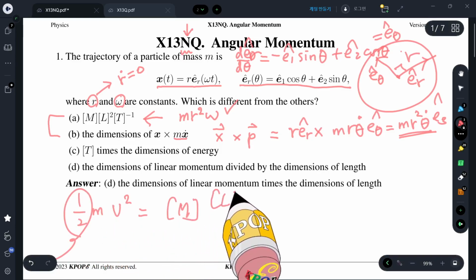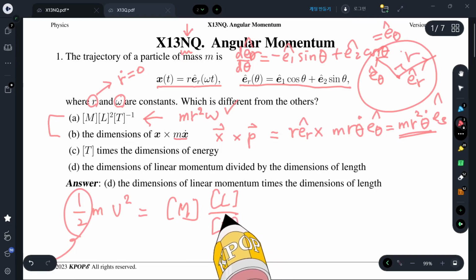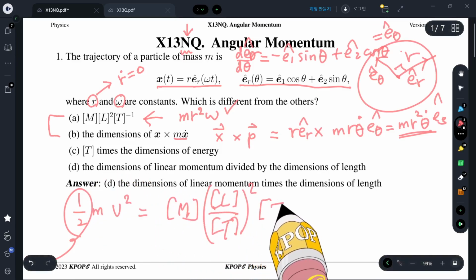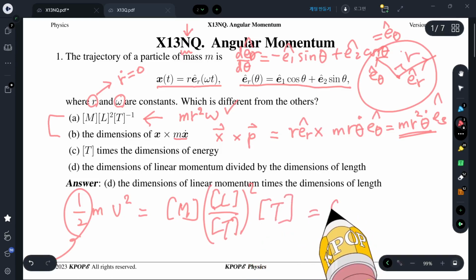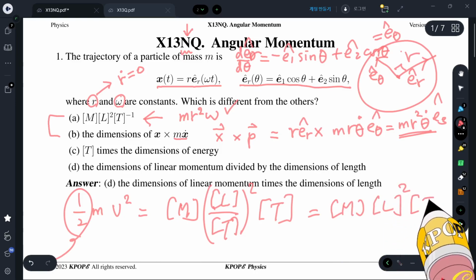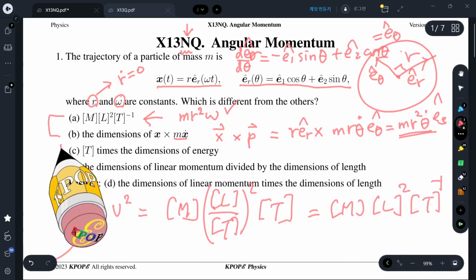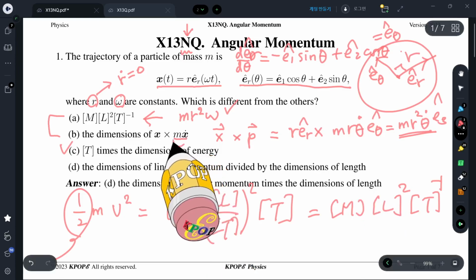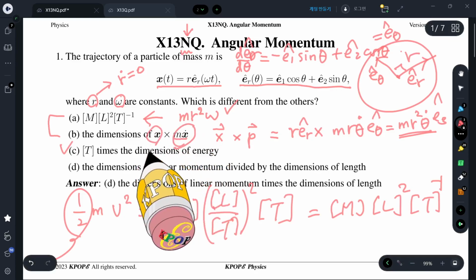Velocity is length divided by time, squared, multiplied by time. So m L squared t to the minus 1. Okay, the answer should be D. Dimensions of linear momentum times the dimension of length. Linear momentum, length. Okay.